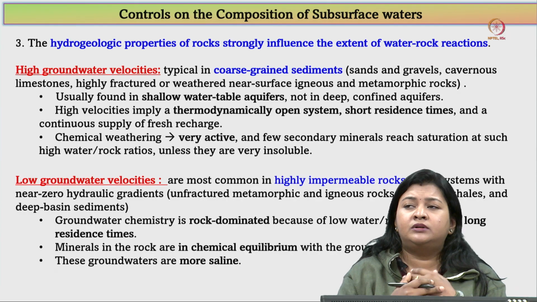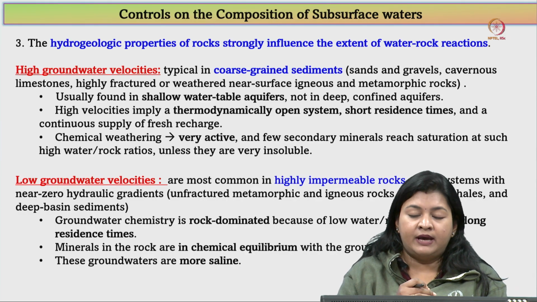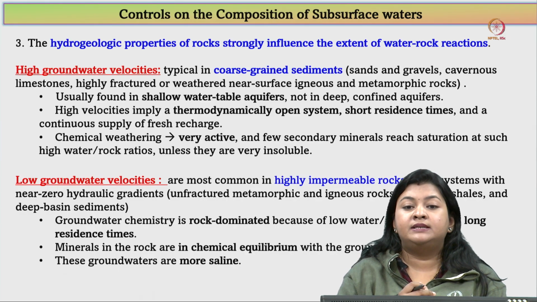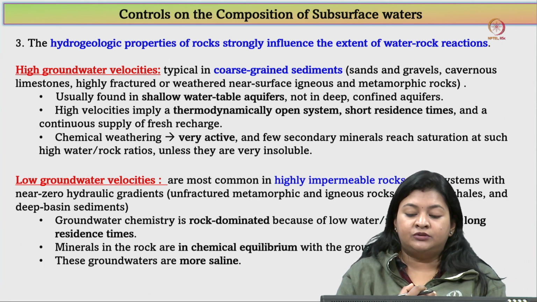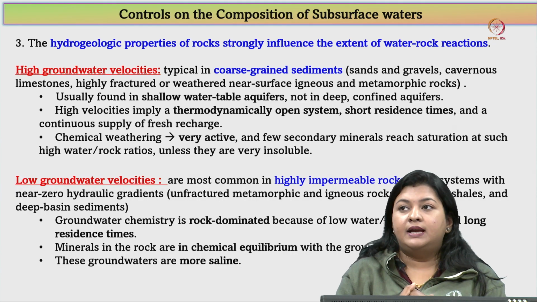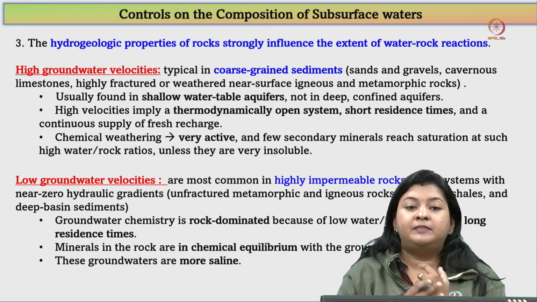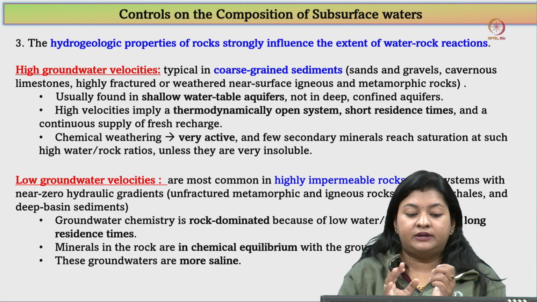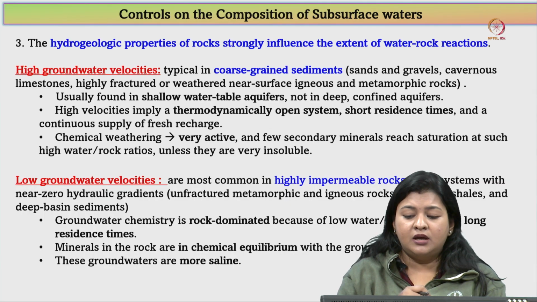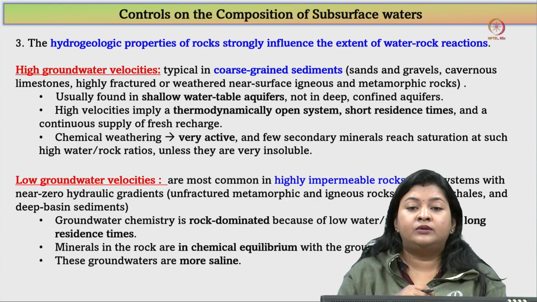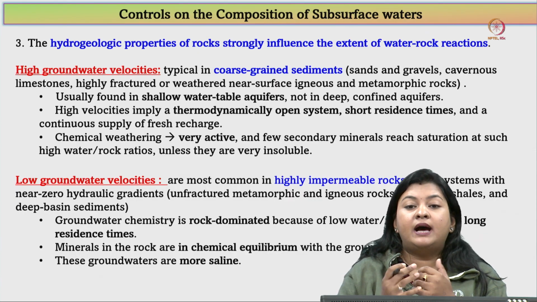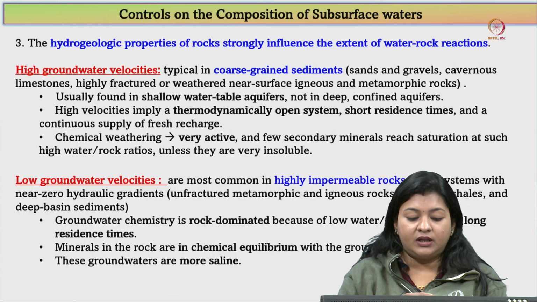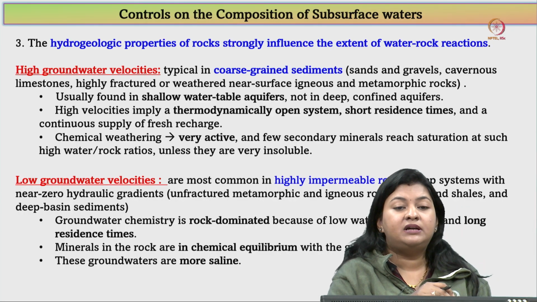It is more rock dominated. Why? Because the fresh water supply is very limited. Because of these impermeable rocks, the fresh water supply gets very limited, and since the water itself remains in the system for a very long time, we are going to see higher TDS, and the minerals in the rock are in chemical equilibrium.